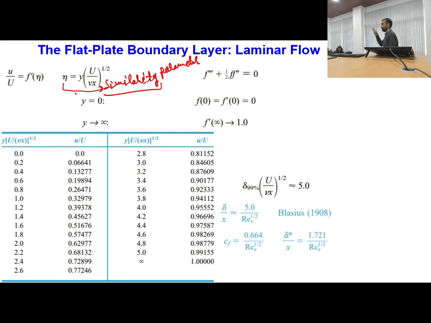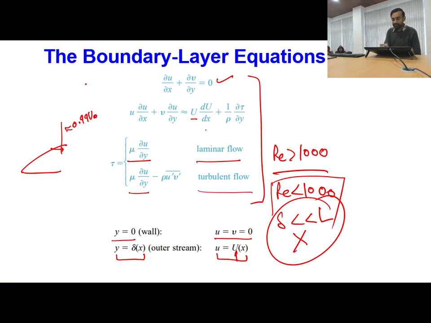The idea of this similarity variable is that my flow over a flat plate is a two-dimensional flow, so variation will be in the x direction as well as in the y direction. But by using this similarity parameter, you have coupled the y and x variables into a single parameter which I am calling eta. Using this formulation, I transform Prandtl's boundary layer equations.